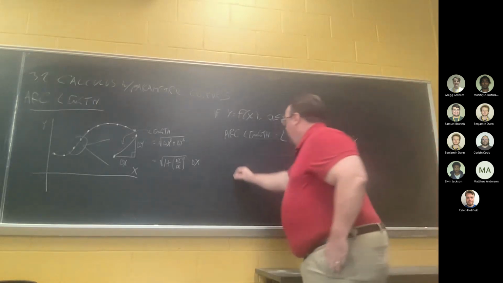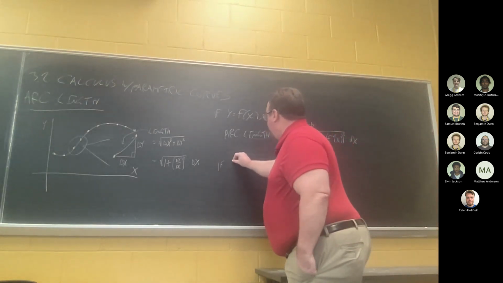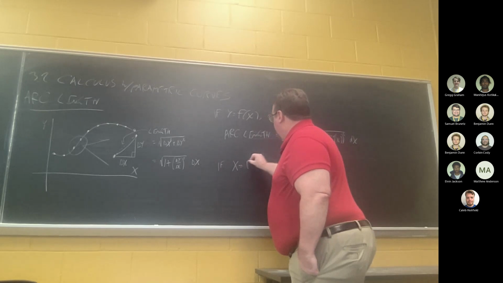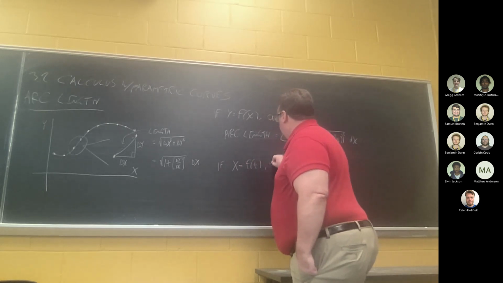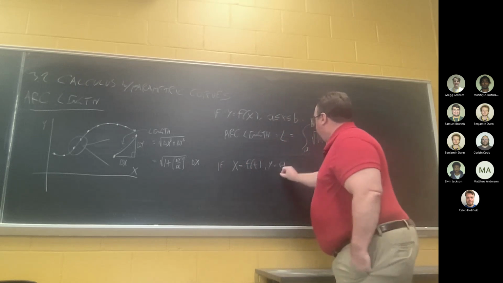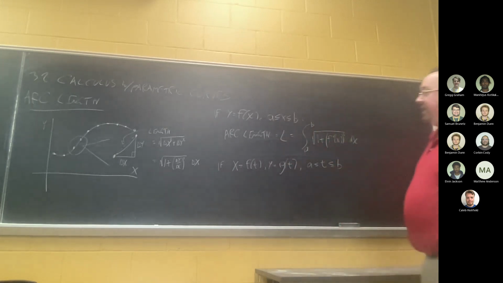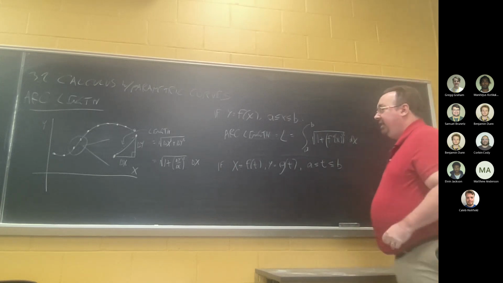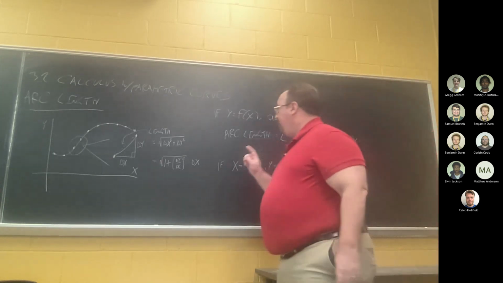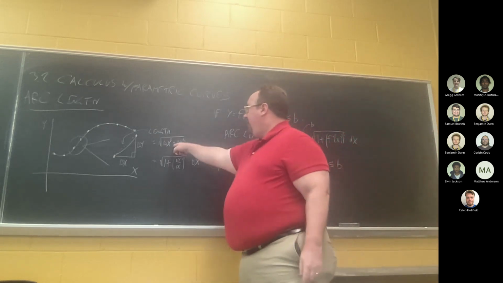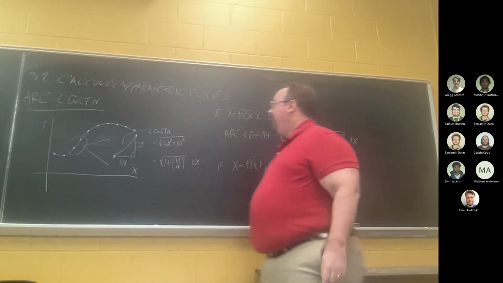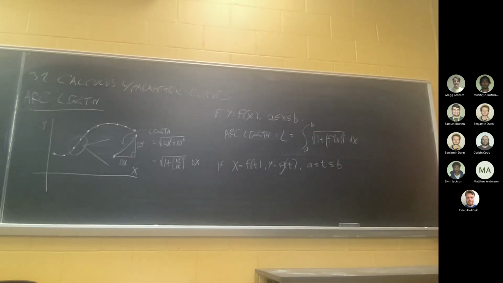On the other hand, if a curve is given by x equal to some function little f of t, y is some other function little g of t, and t is between a and b, the formula comes from taking the first expression, and multiplying and dividing by delta t.